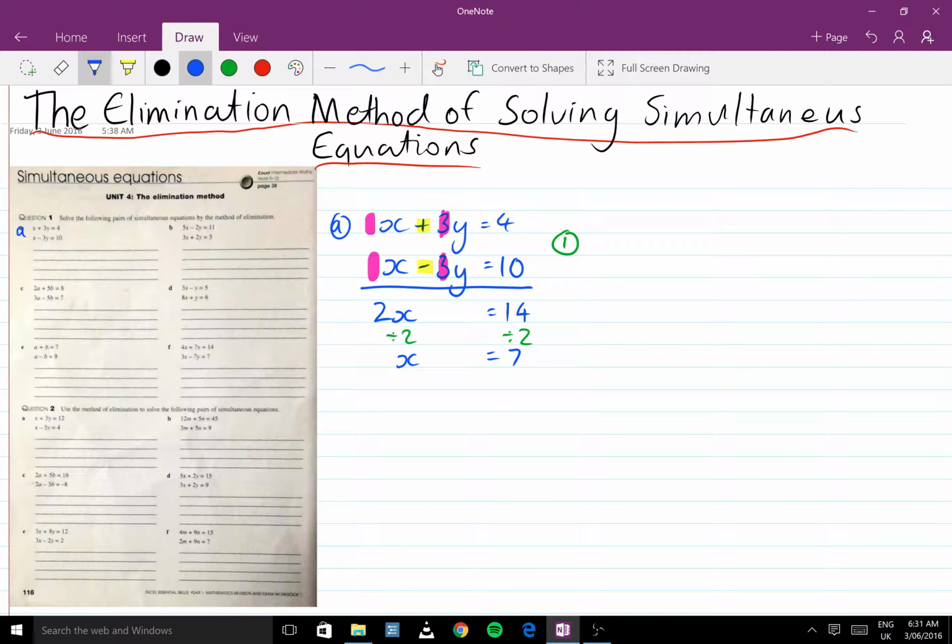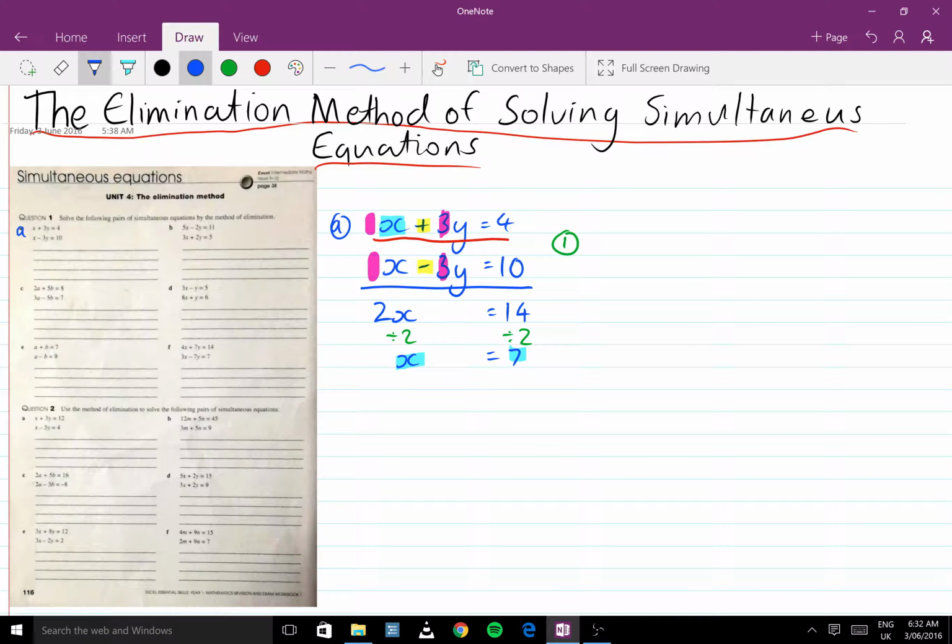Okay, so now I've got my x equals 7, but the question is asking me to find both x and y. So what I do is I take my new knowledge that x equals 7 and I substitute that into the first equation. x and 7 are the same thing, thus this x must also be the same thing as 7.